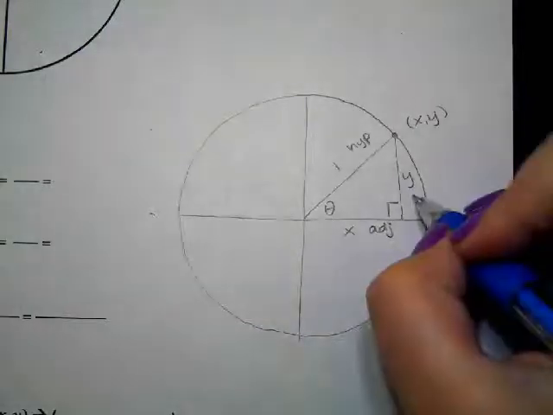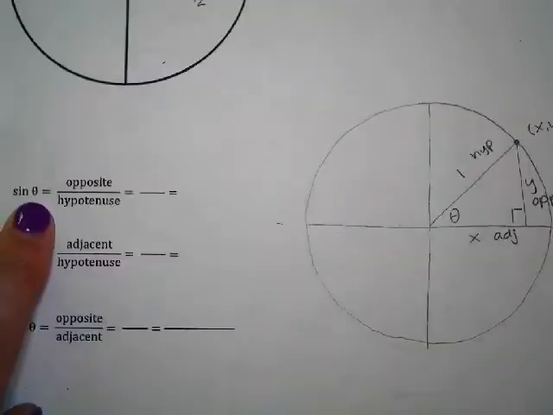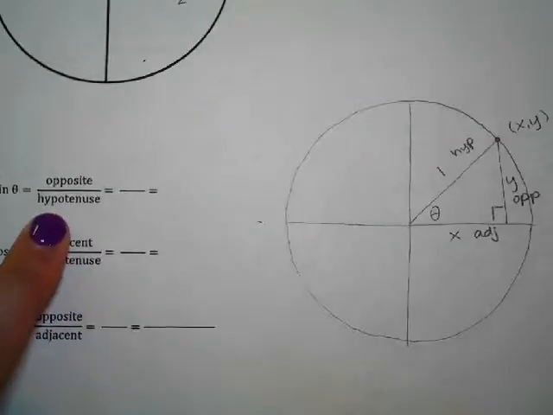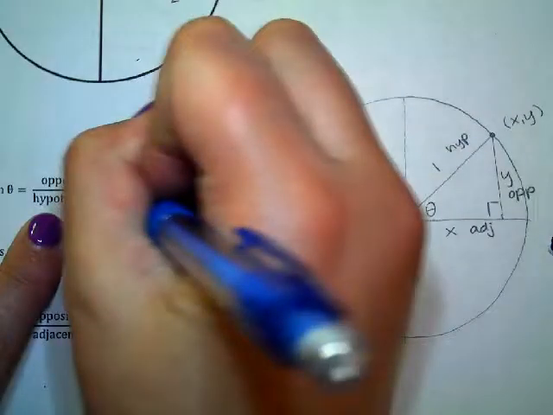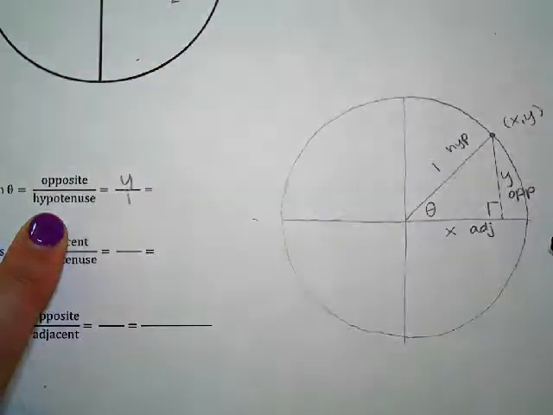So if we wanted to know what sine of theta was, it's opposite over hypotenuse, which for this picture is what? y over 1. And anything divided by 1 is just going to be itself, right? Okay.